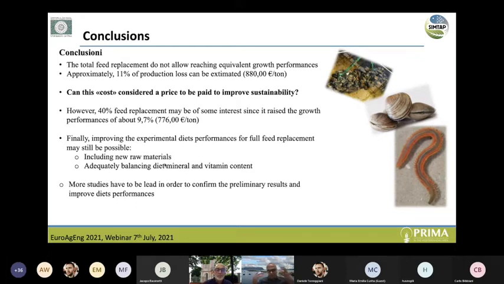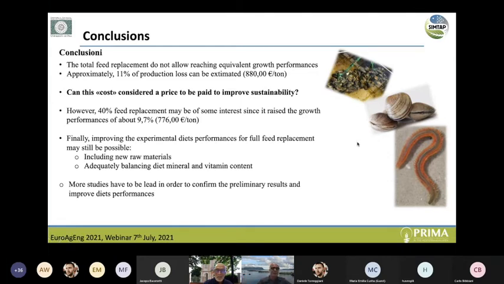Of course, this data must be confirmed. Other studies have to be carried out, and for example, we can work on our experimental diets to improve their efficacy by including new raw materials, so not only mussels, clams, and polychaetes, but why not holothuria or shrimps.